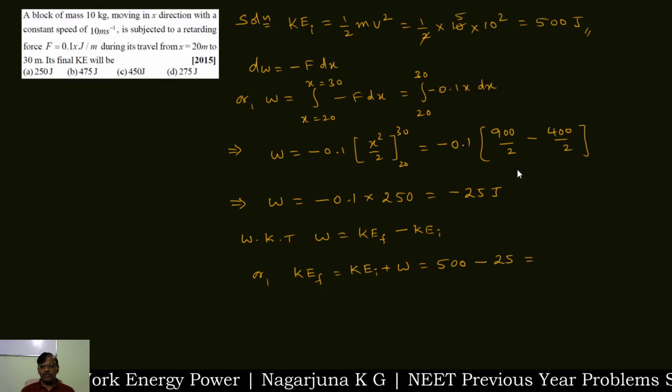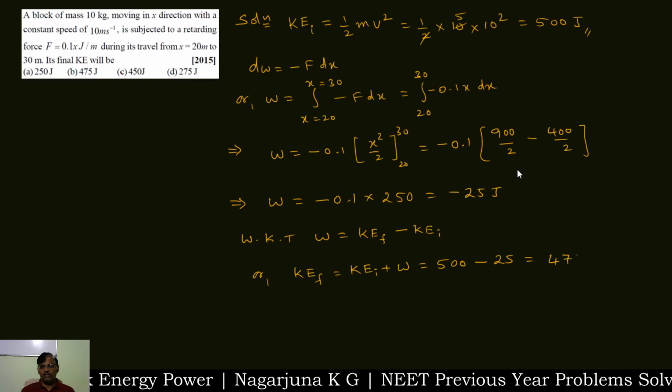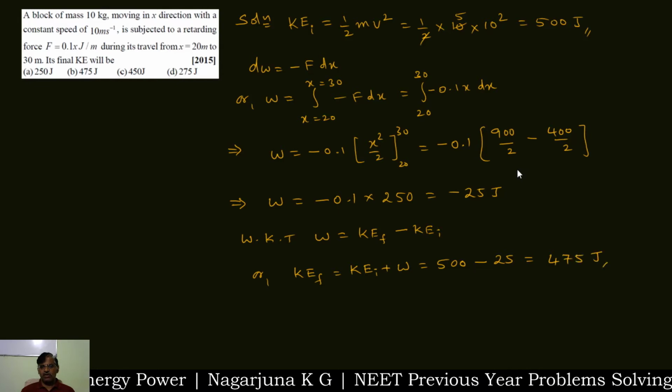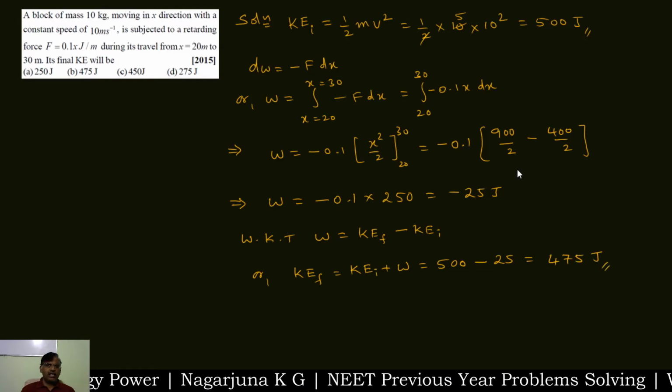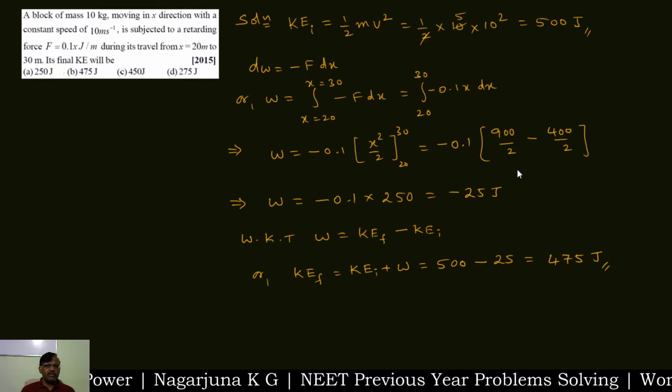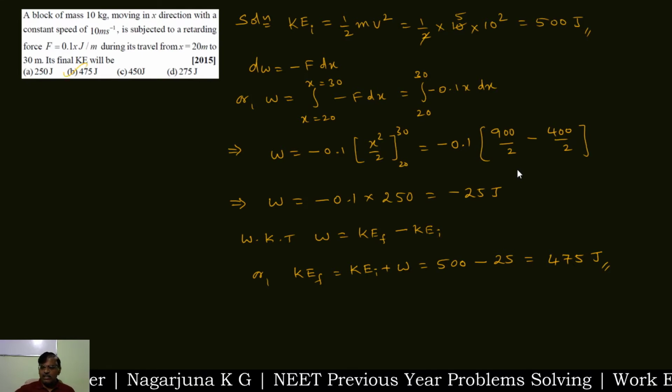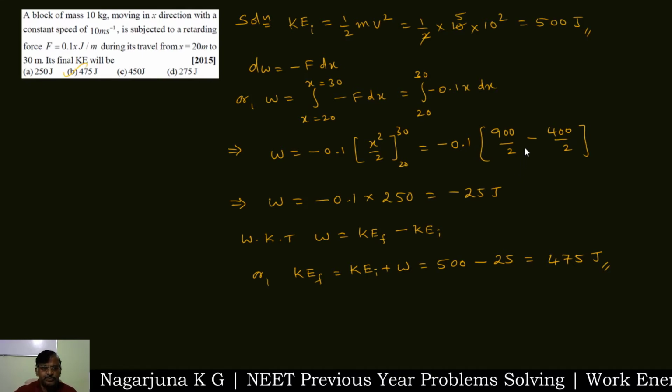That is equal to 475 joules, the final kinetic energy. That is 475, so option D is the right option.